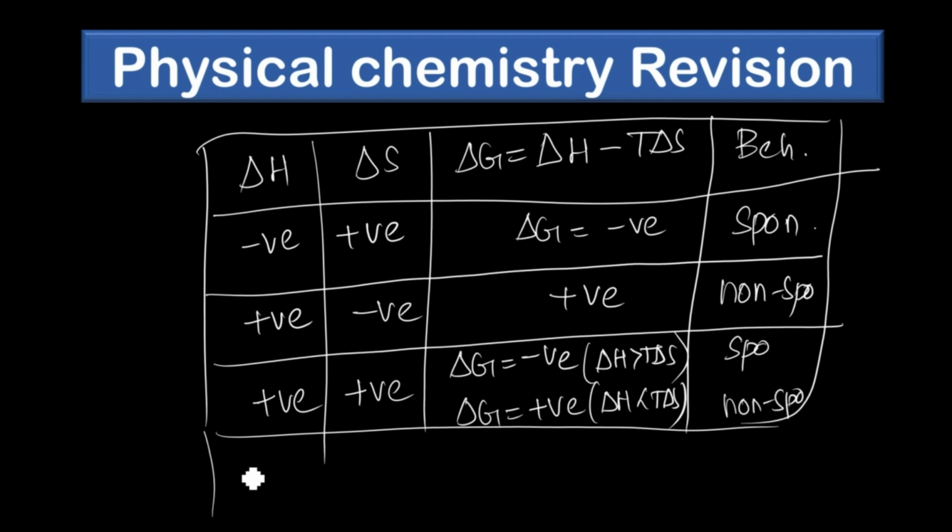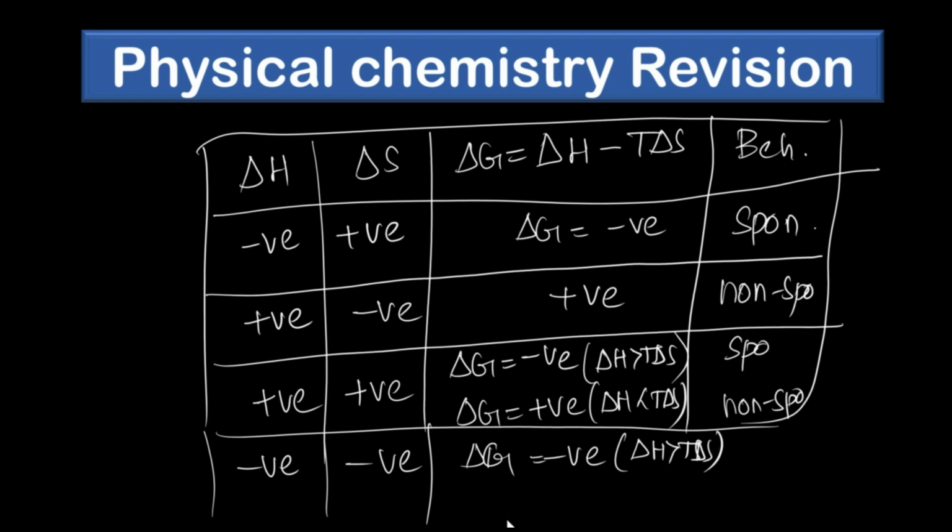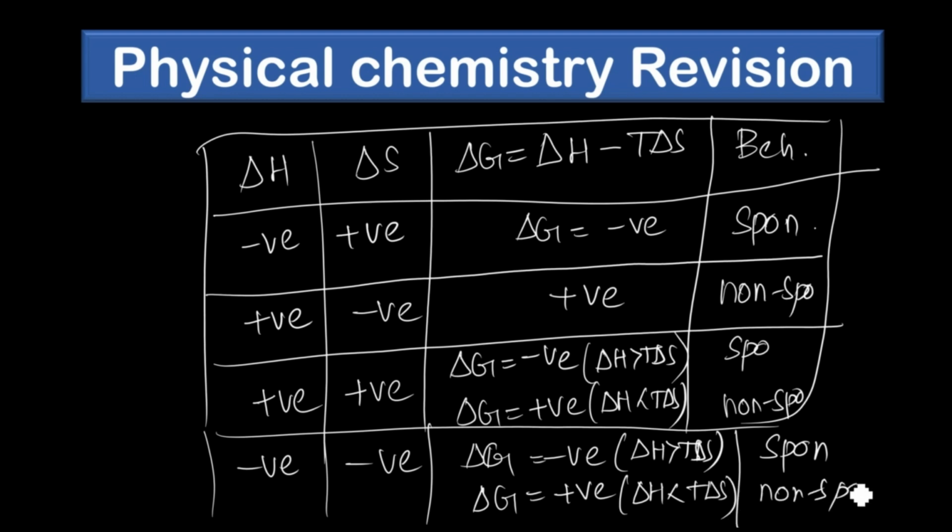There is another category where both are negative. Then once again, delta G is negative when delta H is greater than T delta S, and the process becomes spontaneous. And delta G is positive if delta H is less than T delta S. Okay, so these are the questions that can be asked from this chapter.